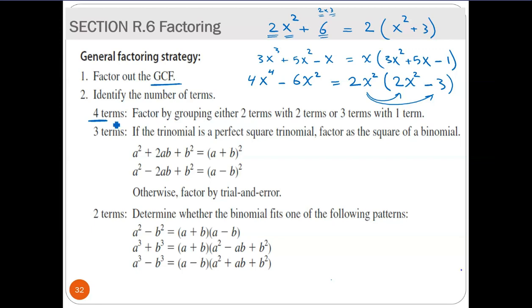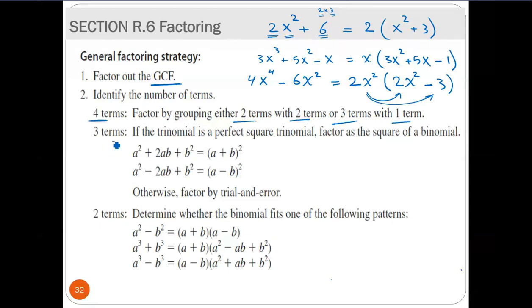So if you have 4 terms, we can make one group of 2 terms and another group of 2 terms, or 3 terms with 1 term. We have an example for this after we finish explaining the factoring.